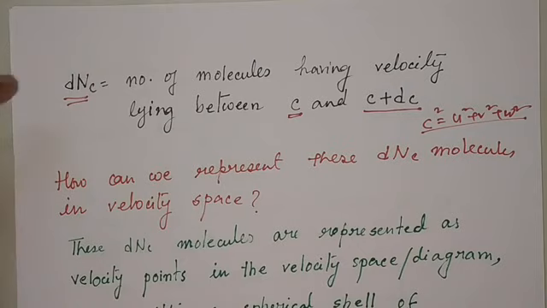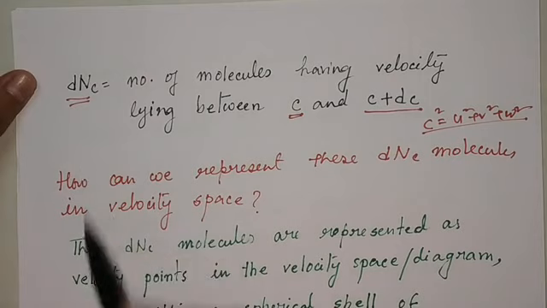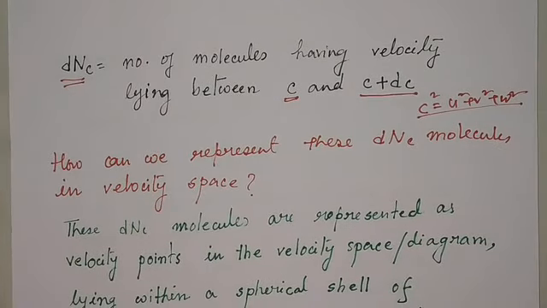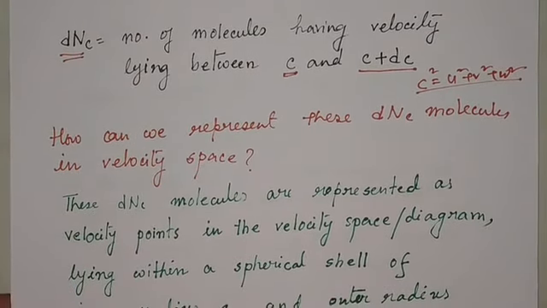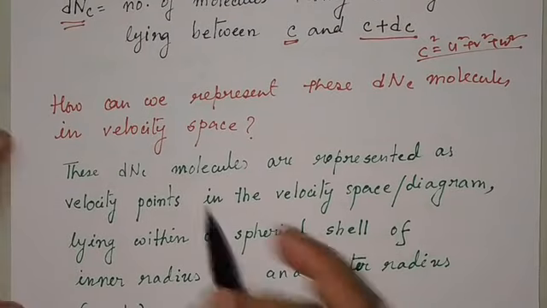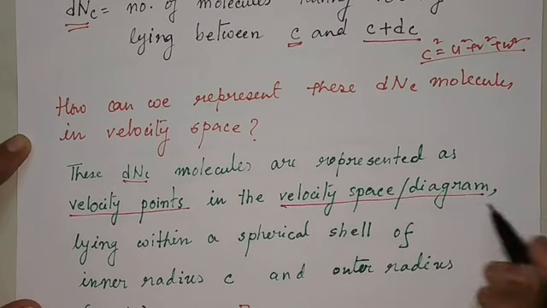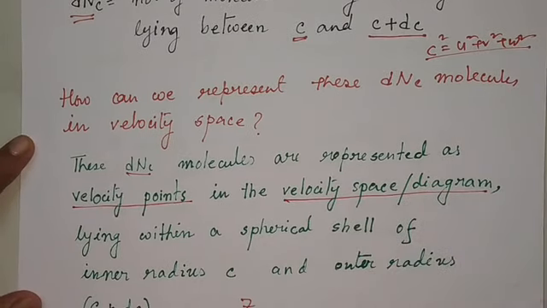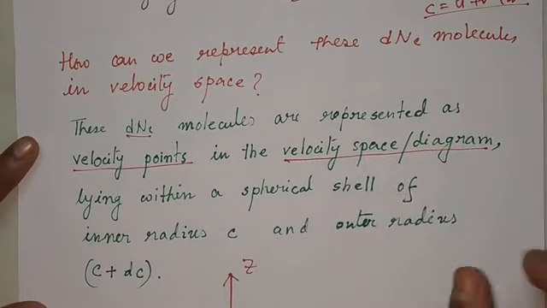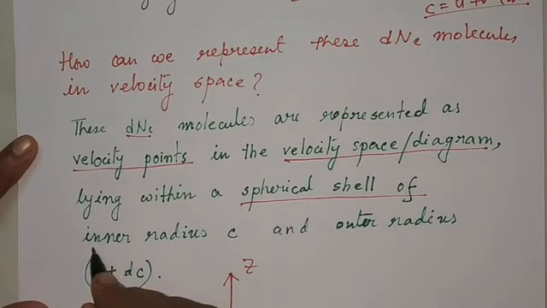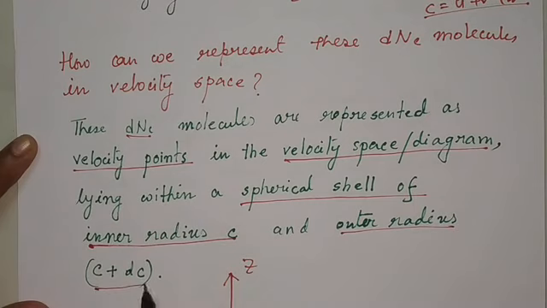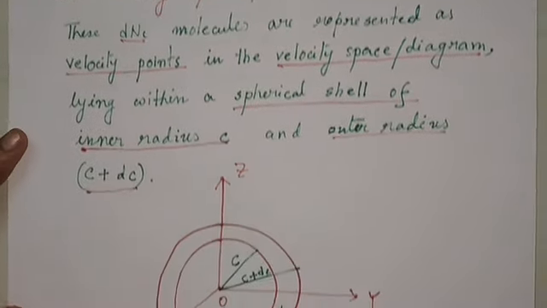Similarly, now here we want to represent this dnc molecule in the velocity space, and how can we do that, okay. So obviously these dnc molecules will be represented as velocity points in the velocity space or the diagram, okay, and they will lie within a spherical shell of inner radius c and outer radius c plus dc, okay.